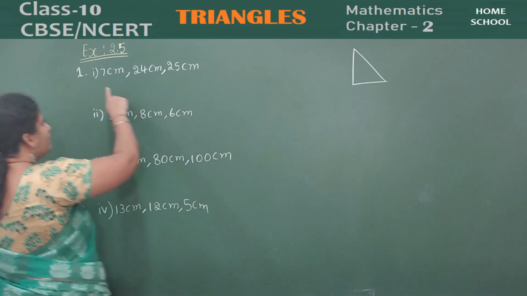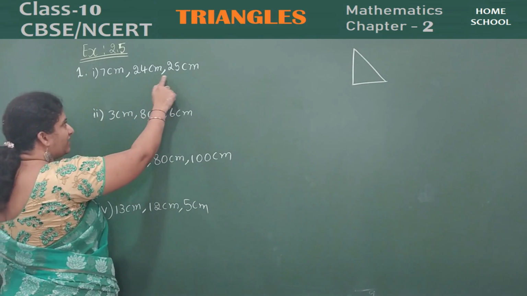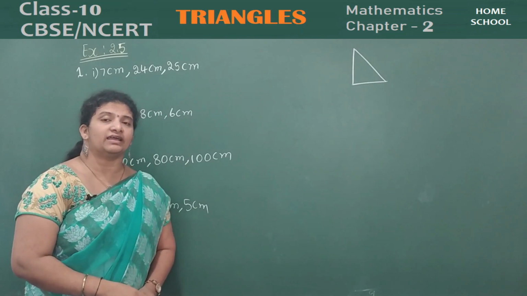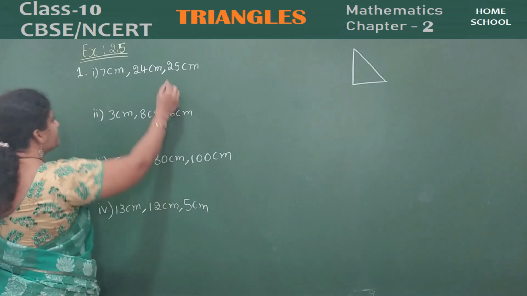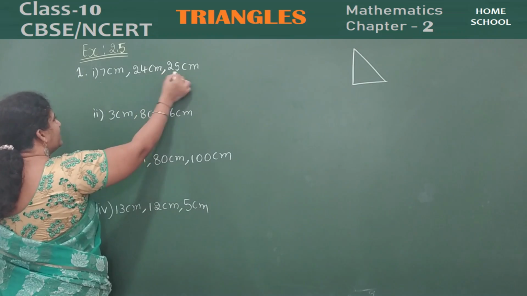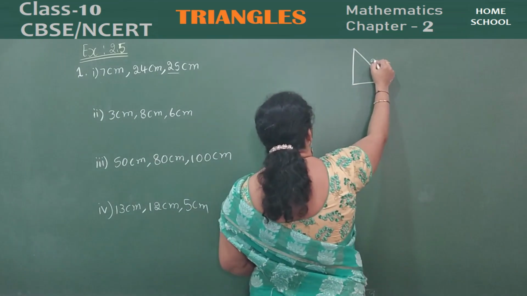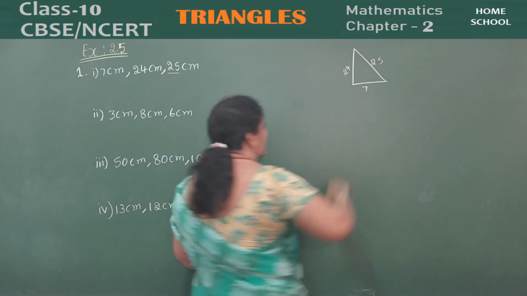Let's see here. First sub question, 7 centimeters, 24 centimeters, 25 centimeters. Always in a right angle triangle, the longest side is the hypotenuse. Hypotenuse means we take the biggest number, that is 25. Let's see here, 25, 24 and this is 7.